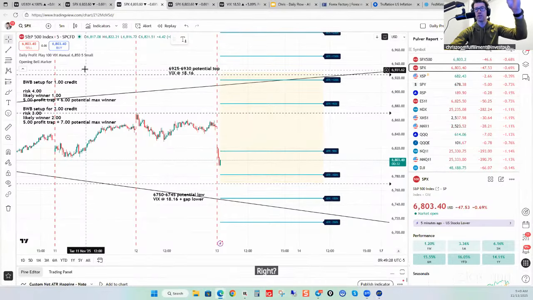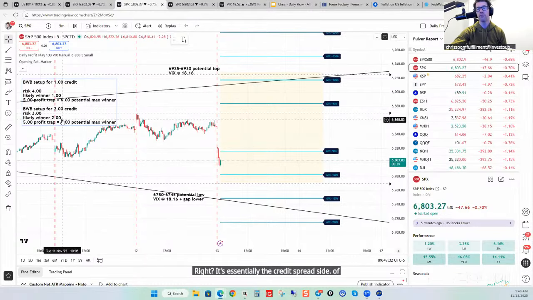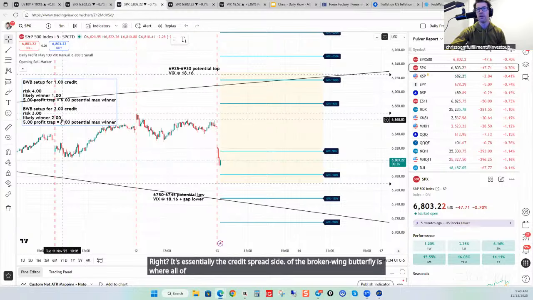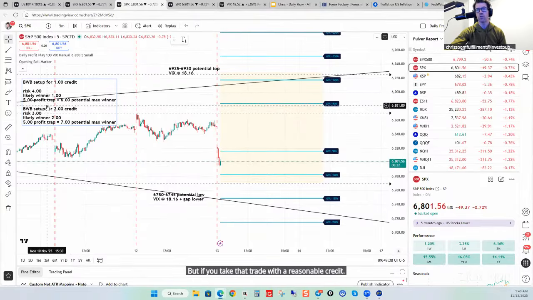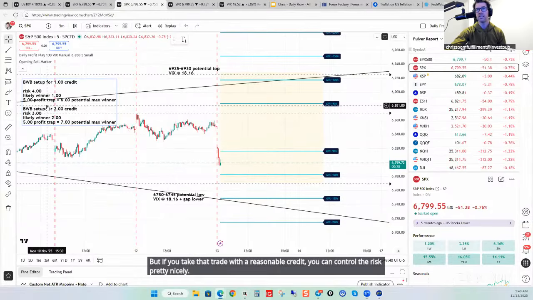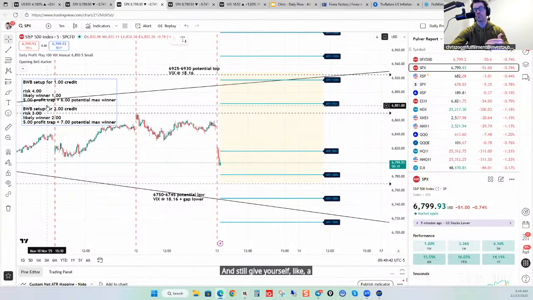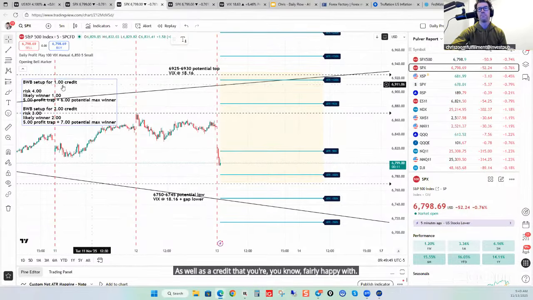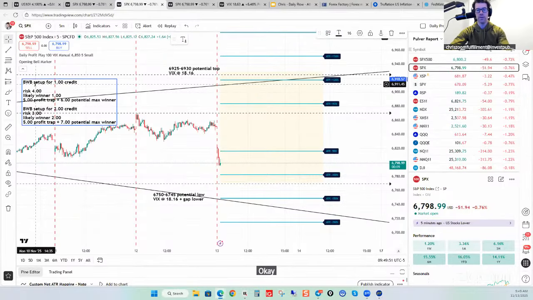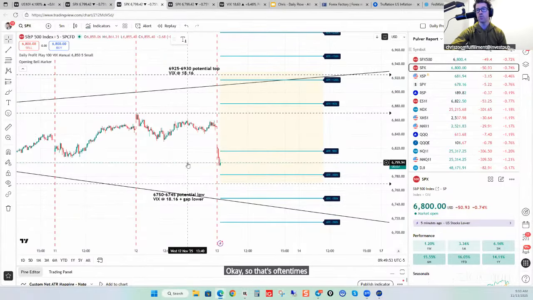It's essentially the credit spread side of the broken wing butterfly where all of your risk is at. But if you take that trade with a reasonable credit, you can control the risk pretty nicely and still give yourself a top or bottom to call, as well as a credit that you're fairly happy with. Okay, so that's oftentimes what I like to use.